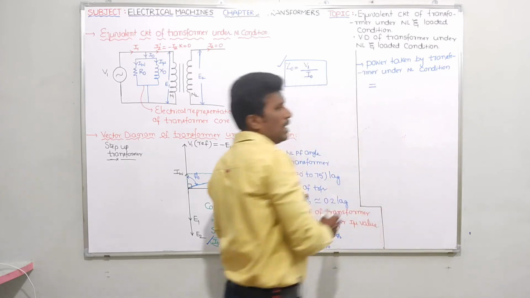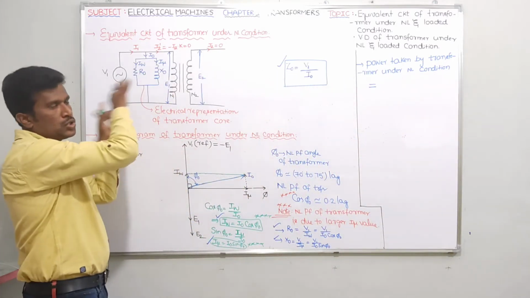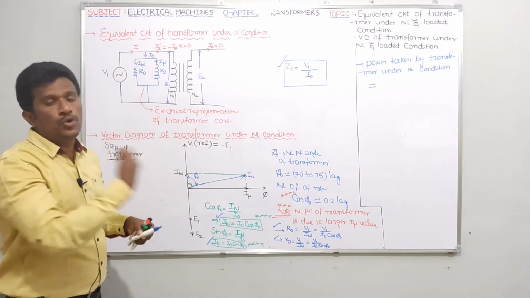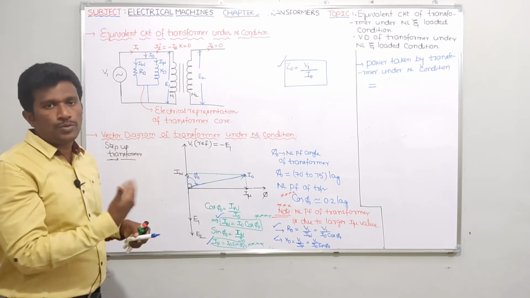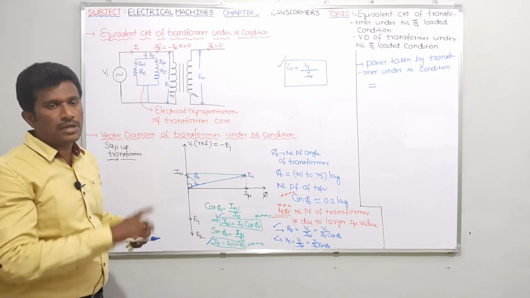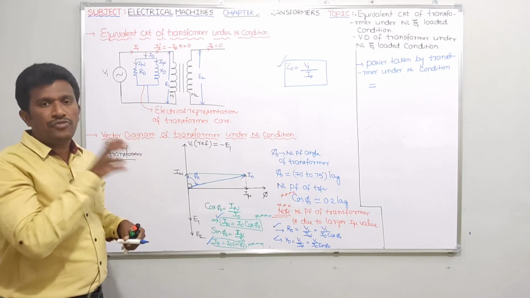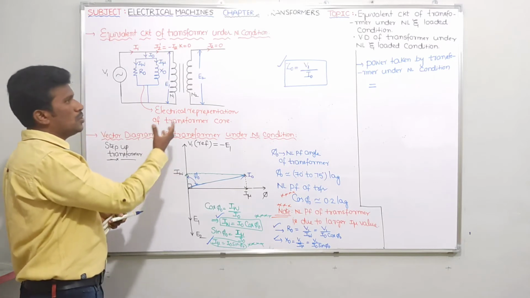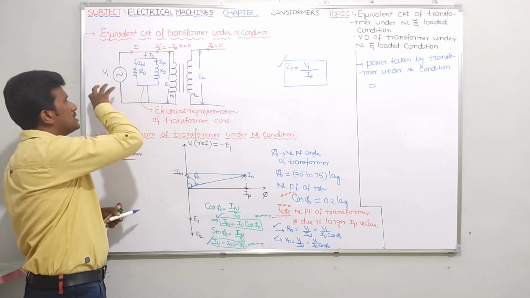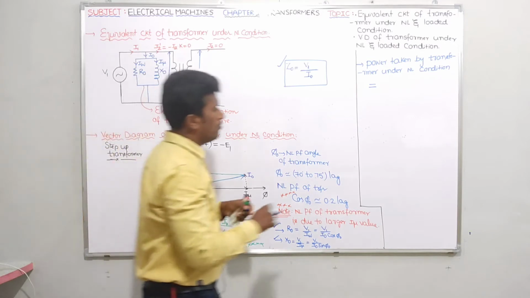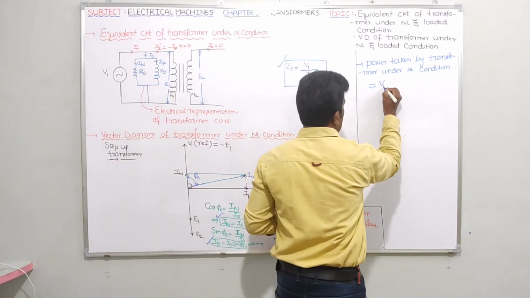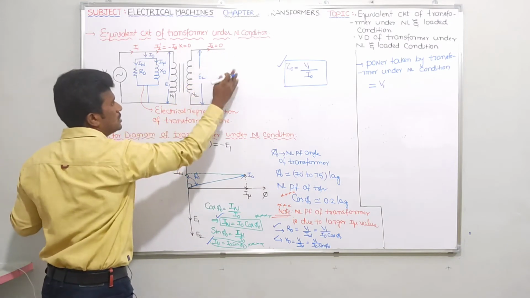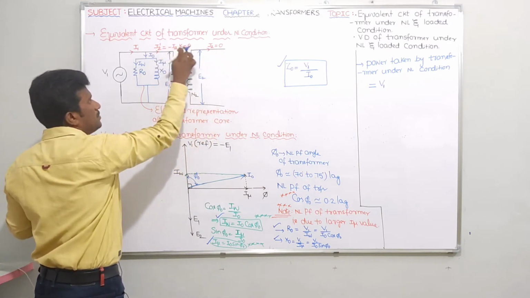Always we give active power to this transformer. That means the transformer transfers active power, the real power, P, which is V I cos φ. Power taken under no load means the applied voltage source is V1. What is the current drawn under no load condition? Simple, it's 0. I2 is 0, so I2 dash also becomes 0.